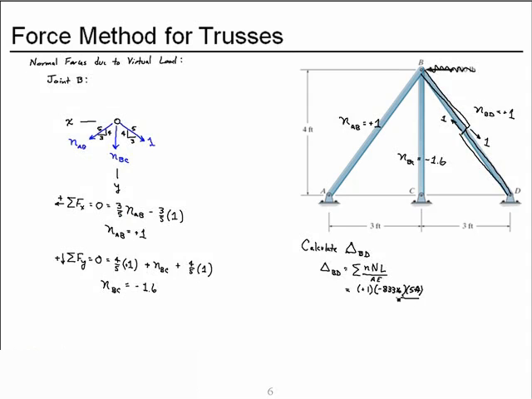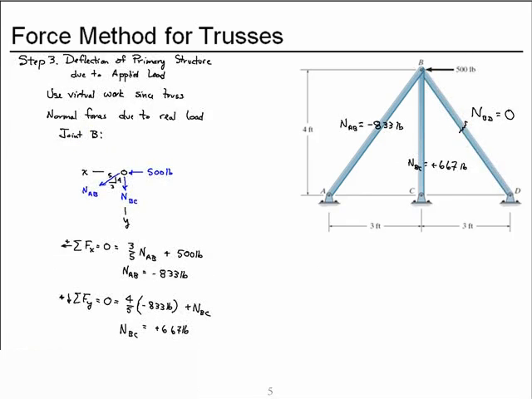We divide that by AE. We add to it the normal force due to the virtual load, so negative 1.6 times the normal force due to the real load, which we found to be a positive 667 pounds.